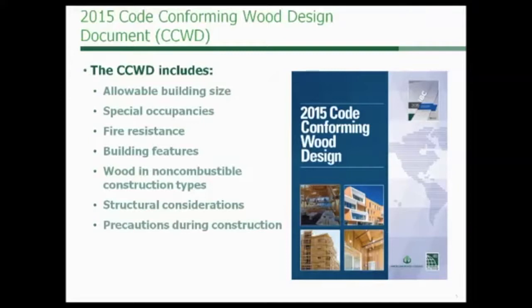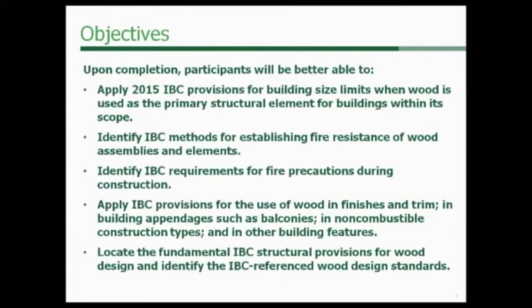New to this document are structural considerations, and what this primarily concerns are exact descriptions of what is covered by the IBC, and then also descriptions about what our standards cover, the American Wood Council standards, that is, that are referenced by the Building Code, to give you a framework for how they can be used together. And then finally, precautions during construction.